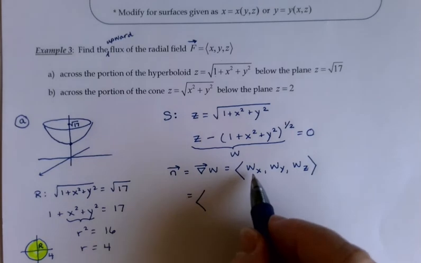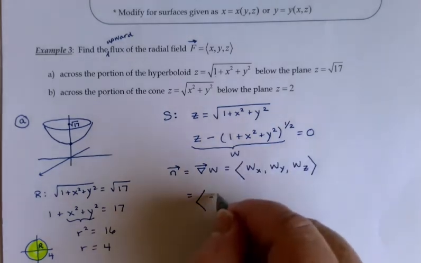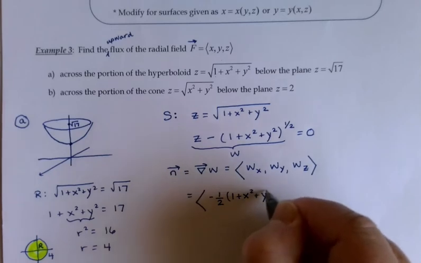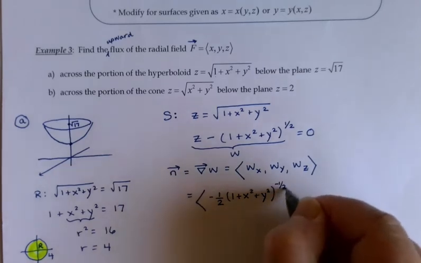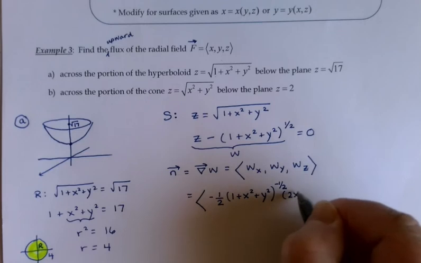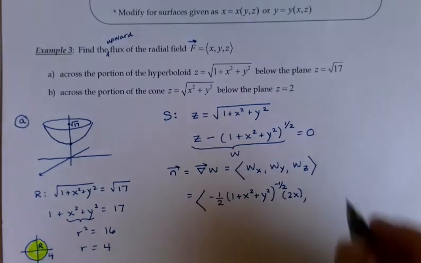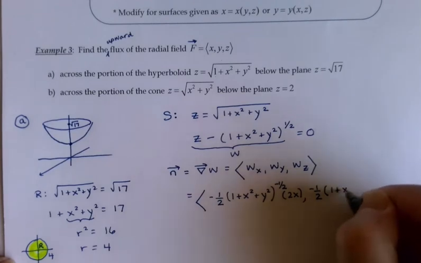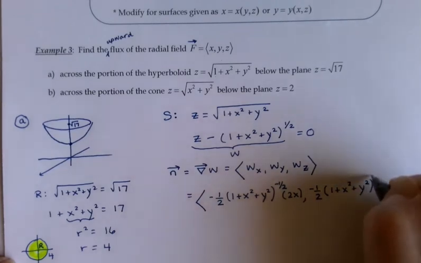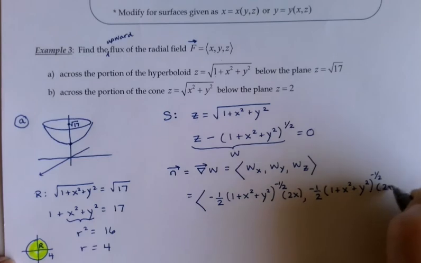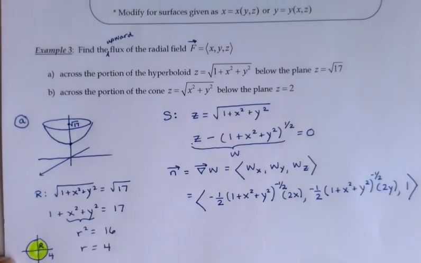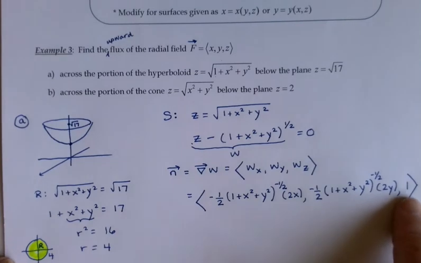With respect to x, I'm going to get a negative 1/2, 1 plus x squared plus y squared, to the negative 1/2, times 2x, and almost the same thing for y. Just the chain rule gives me a 2y. And then w sub z is a positive 1. You can see again why this makes it the upward normal. I do have a positive z derivative here for my normal vector.